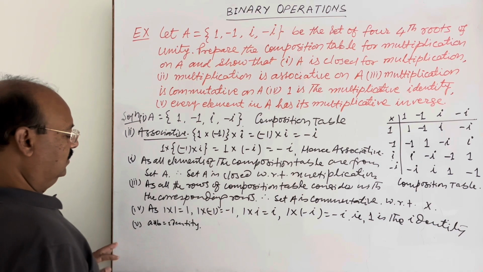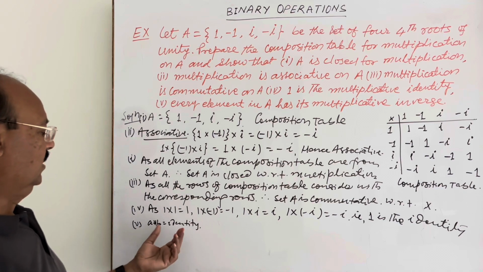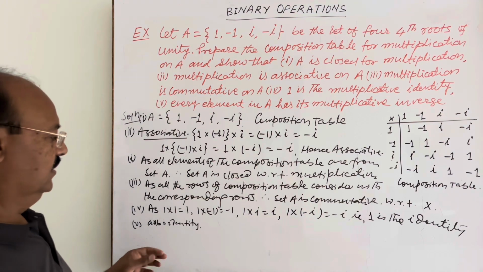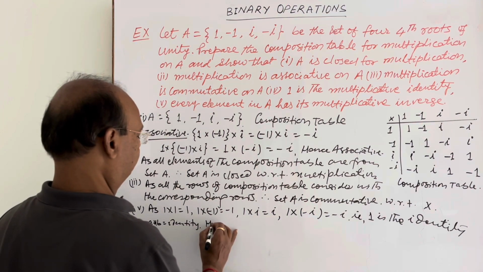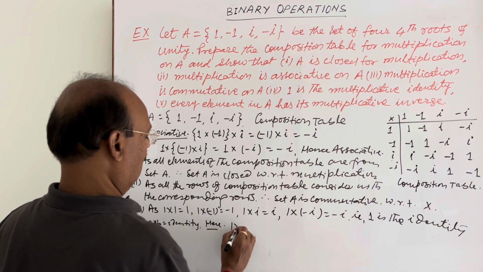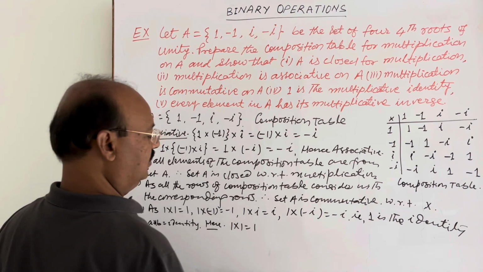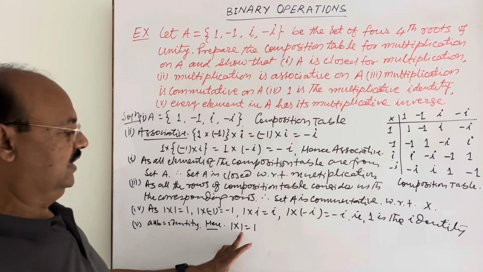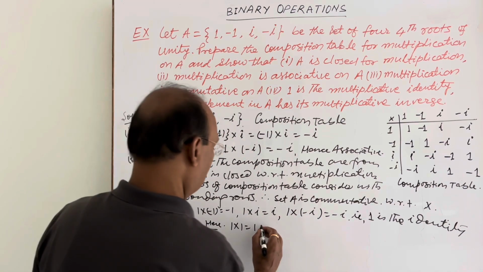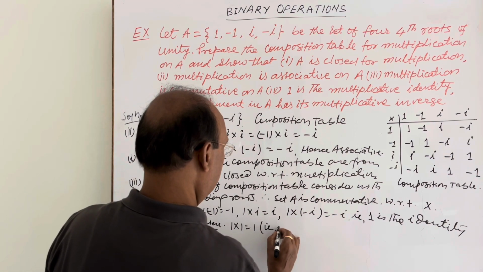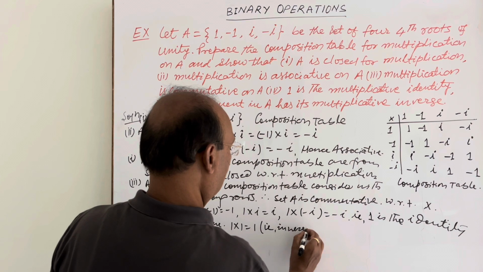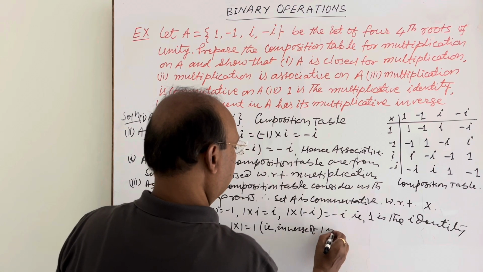Okay, this is the condition for being the inverse of an element. So here 1 into 1 is 1, so the inverse of 1 is 1.